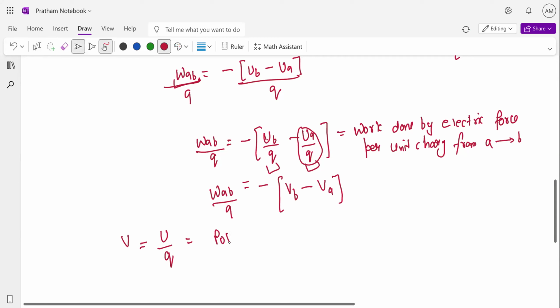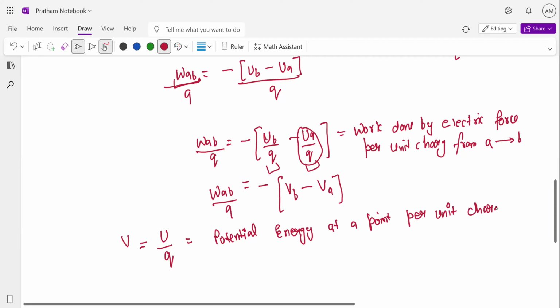So can I say this V is nothing but potential energy per unit charge? Because UB was nothing but potential energy at that point. So potential energy at a point per unit charge.